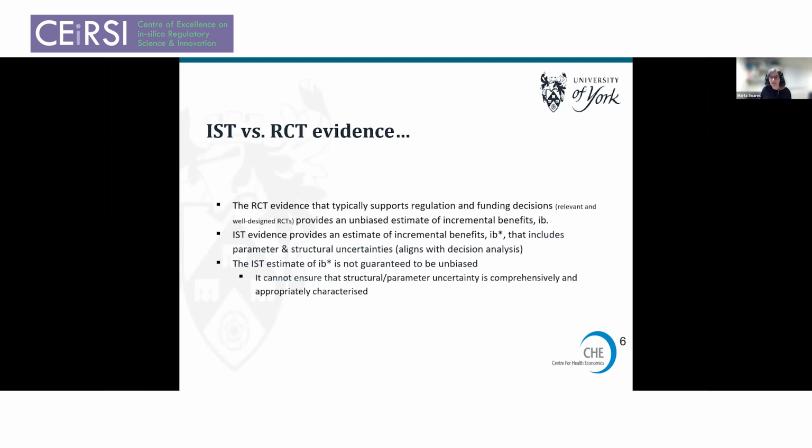I guess the key consideration here is that, contrary to a well-designed RCT study, the IST estimate of incremental benefit is not guaranteed to be unbiased. This estimate is only unbiased if all structural and parameter uncertainties are comprehensively and appropriately characterized, but we cannot ensure that.